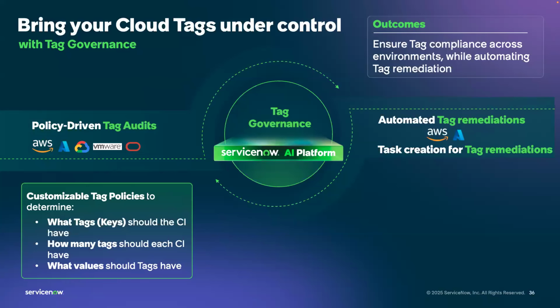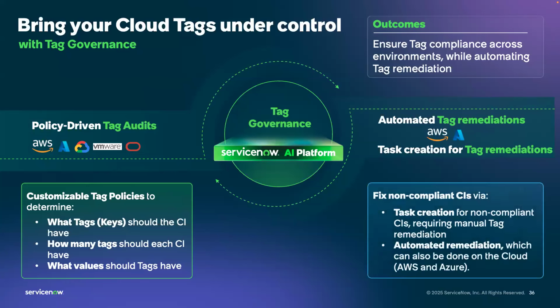Actually, we discover those tags, and then we can create policies inside the system to say, hey, I need to have these 5 tags: owner, application, environment, cost center, and something else, right? Whatever it is, right?